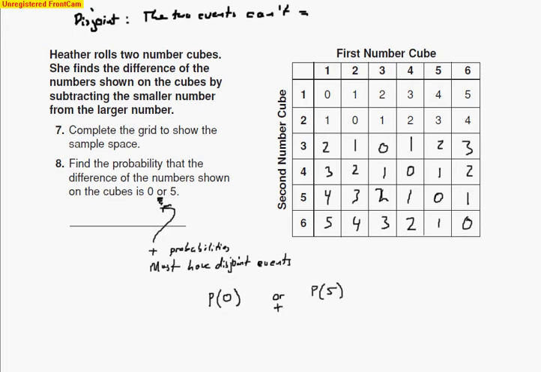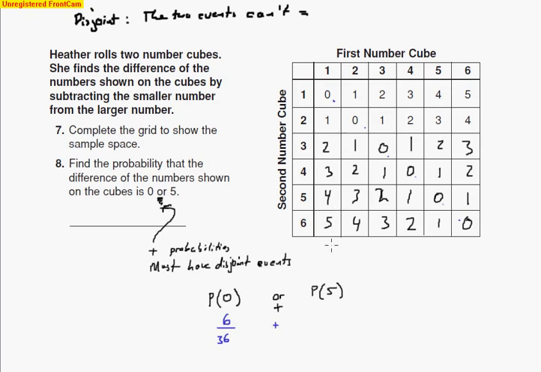So let's figure out what those probabilities are. We have to count up how many successes there are, how many ways will the event of 0 occur. So we've got 1, 2, 3, 4, 5, and 6. 6 different ways. 6 out of how many? Well, we multiply. 6 times 6 makes 36. It works. Okay, plus, and then we do the same thing here.